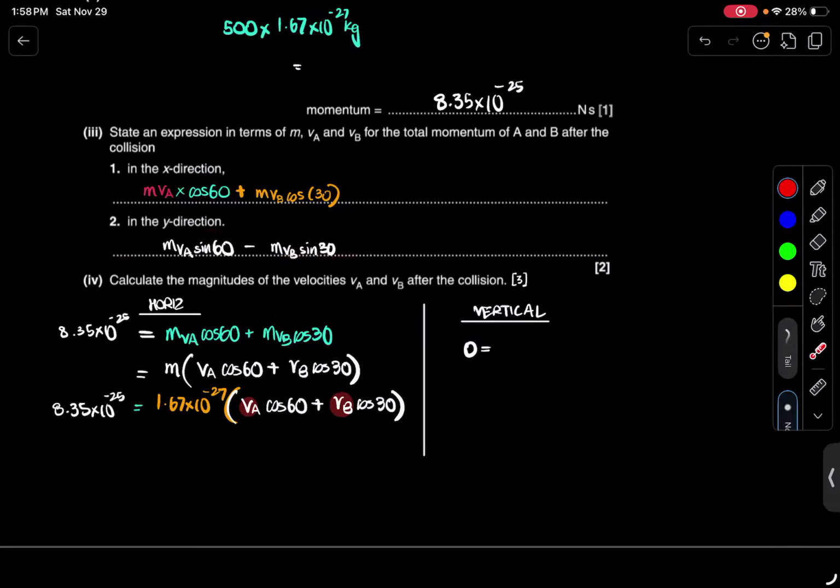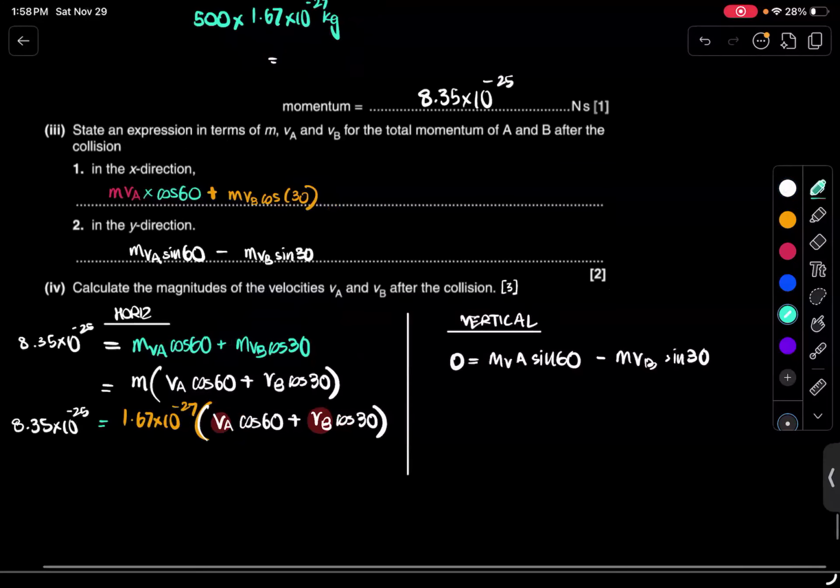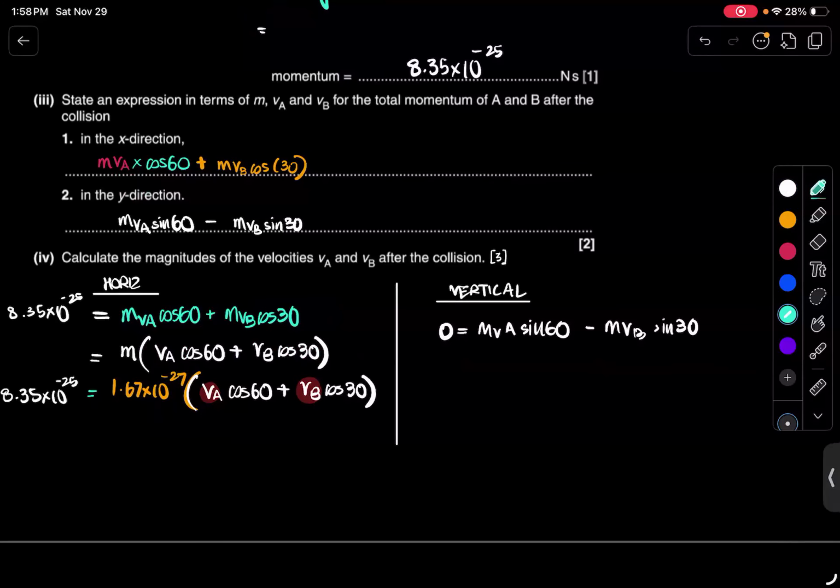They already made us write it: MVA sine 60 minus MVB sine 30. So M is again constant. In fact, what if I were to make VA the subject in one of these and then plug it in over there?